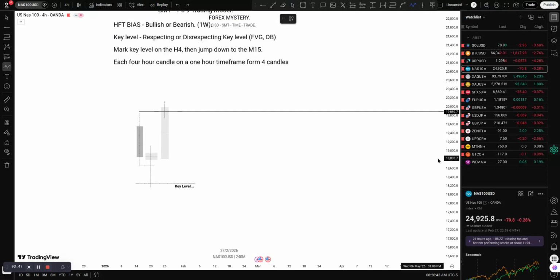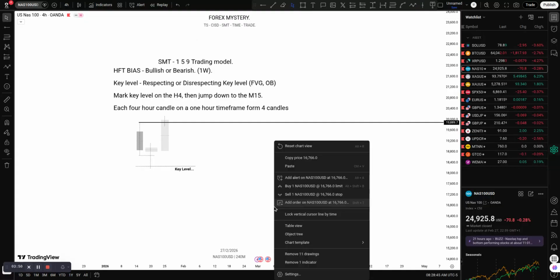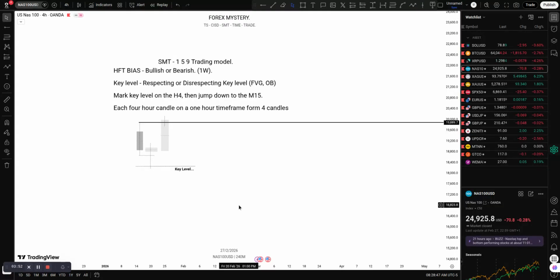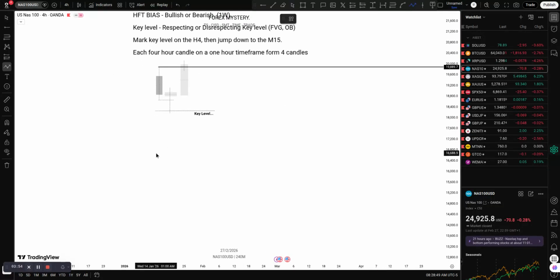Let's just say we have EUR/USD around here. There are times when we can see something like this. We are expecting price to come into this point before going back.